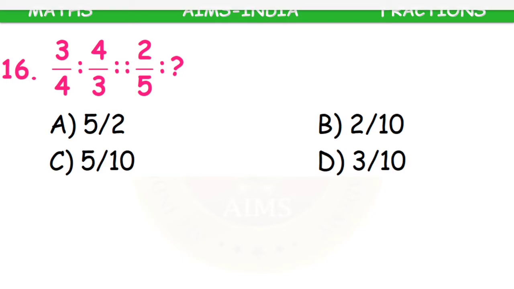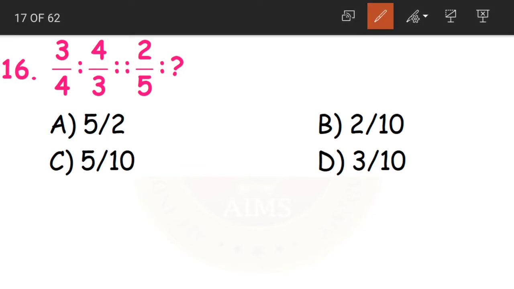Next, 3 by 4 is to 4 by 3, then 2 by 5 is to dash. In the same way. So these two are connected to each other. We had 3 by 4. Here now it became 4 by 3. Now 2 by 5 will become what? See, if you observe what happened here, both the numerator and denominator got interchanged.